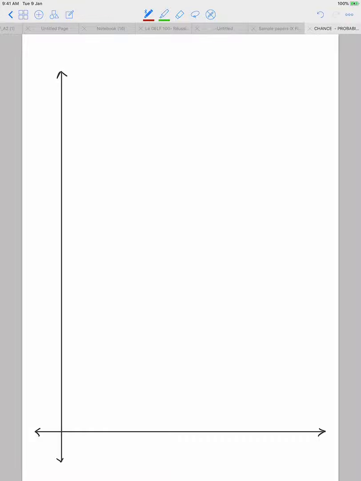So what happens if I start marking it from say 20, and then 25, 30, 35, 40 and then 45. That will be enough because the highest maximum temperature is 41 degrees Celsius.